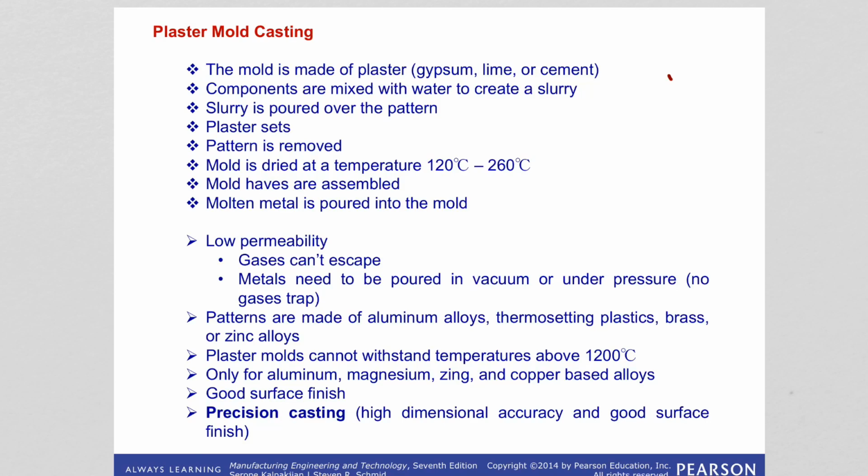So that means the gases that are evolved during the solidification process cannot escape the metal. Therefore, the molten metal is poured either in vacuum or under pressure to prevent the defects forming due to the presence of gases.